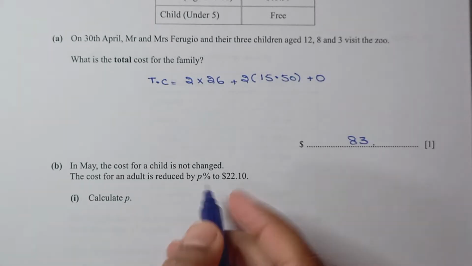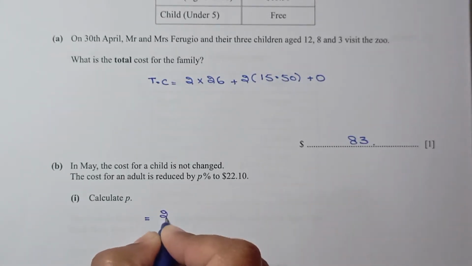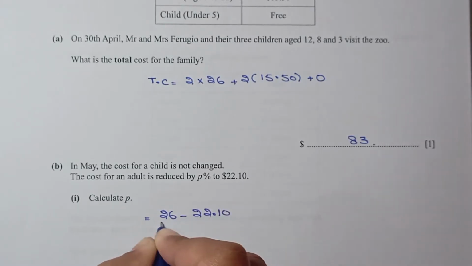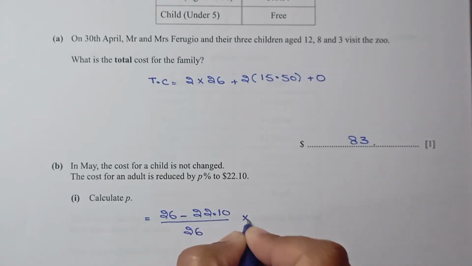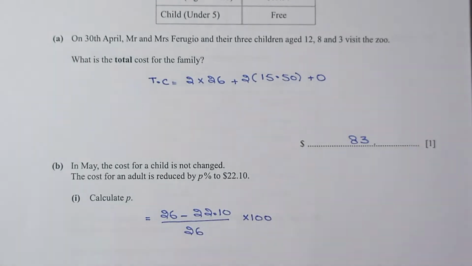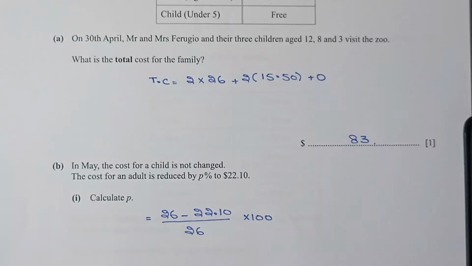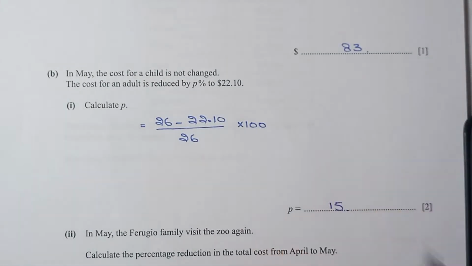So we can say 26 minus 22.10, divided by the original 26, multiplied by 100. We will get the value for P. This would be 15%. The reduction is 15%, or we can say that the value for P is 15.